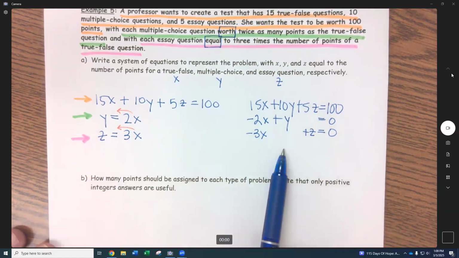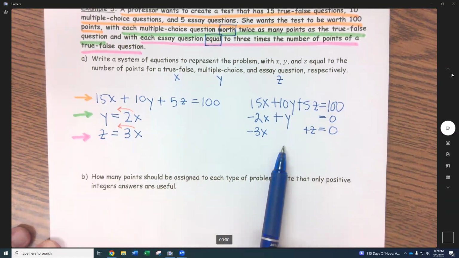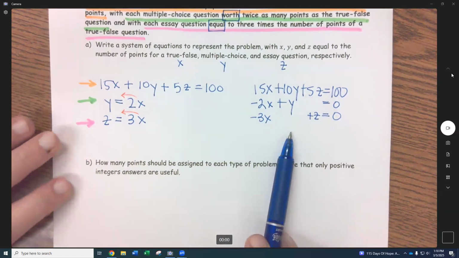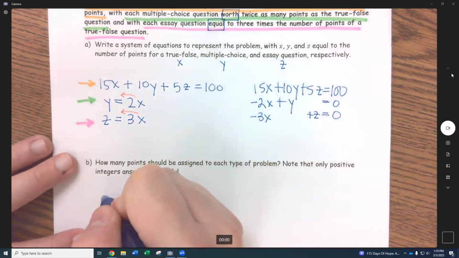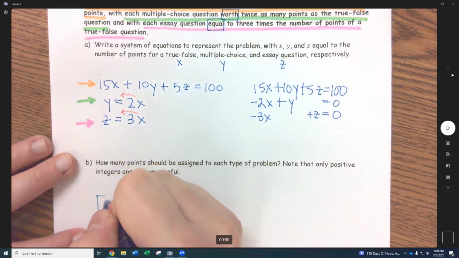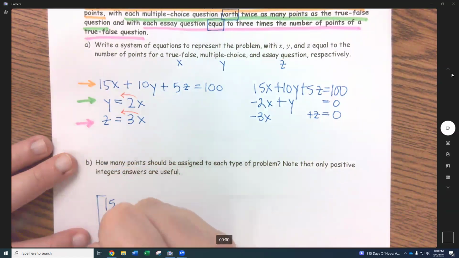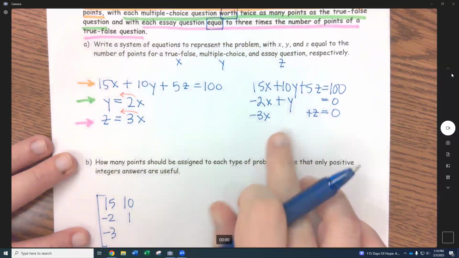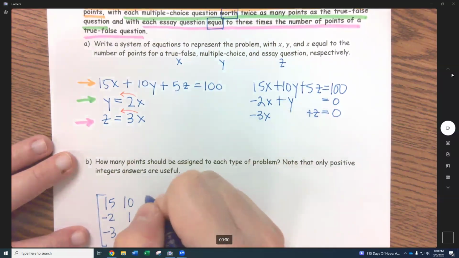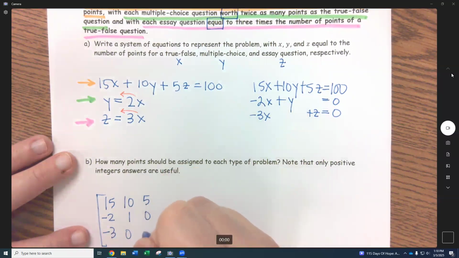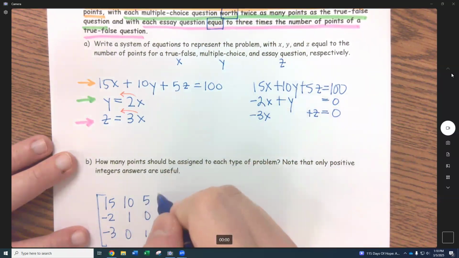So now that I have this in the right form, now I can put this into my augmented matrix. So we get 15, negative 2, negative 3, 10, 1, no y here, so 0, 5, 0, that's a 1z.